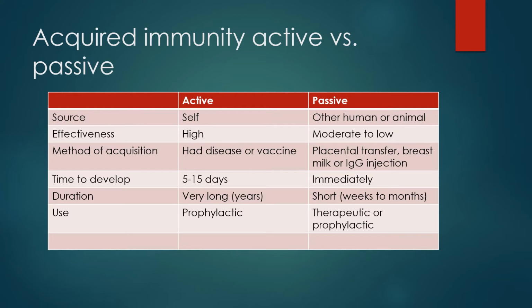And then finally, the use of active acquired immunity is prophylactic. The agent contributes to the prevention of the disease, whereas in passive acquired immunity, the use is therapeutic or prophylactic. Therapeutic is an example of when you've been given gamma globulin after you've had an exposure to hepatitis or something like that.